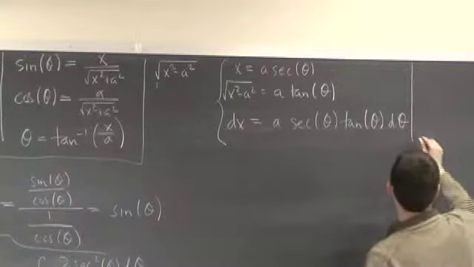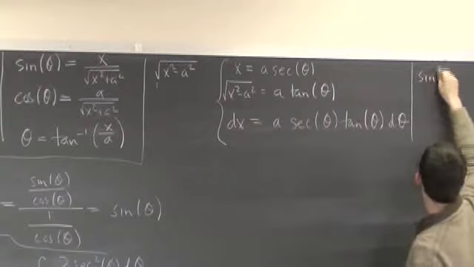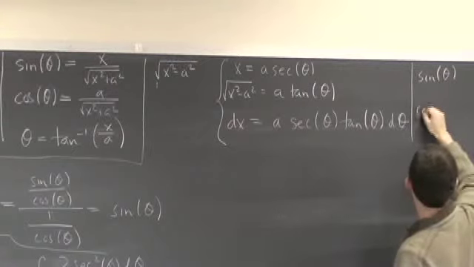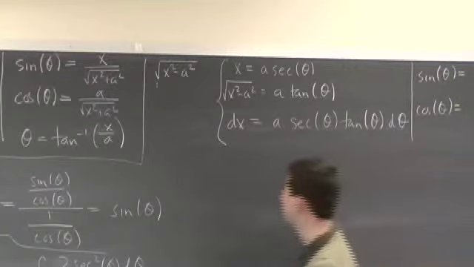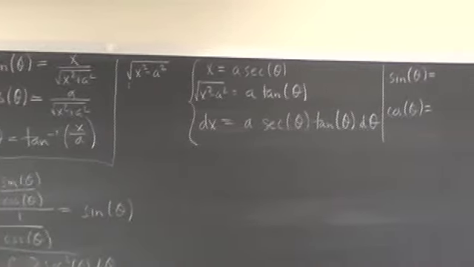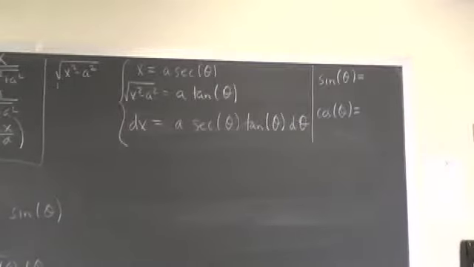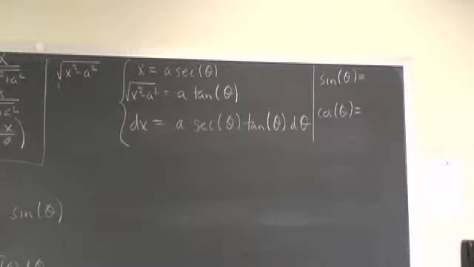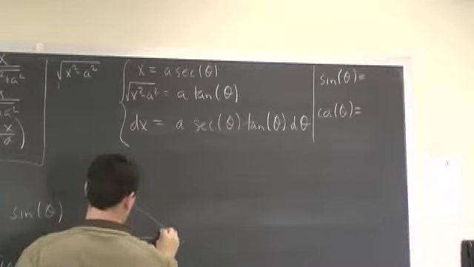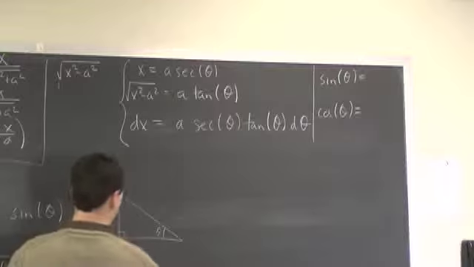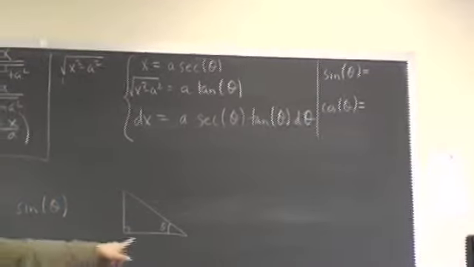And what we've seen before, it's good to know sine and cosine, so let's try to suss those out. So, well, why don't we just try this triangle trick again? Let's see.